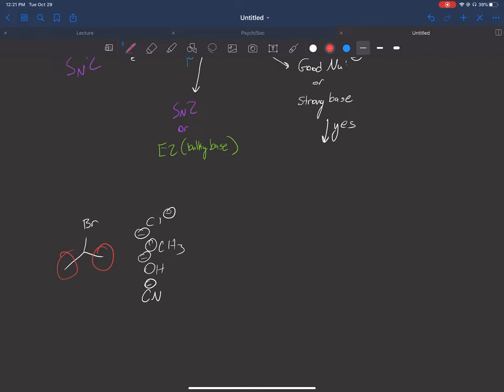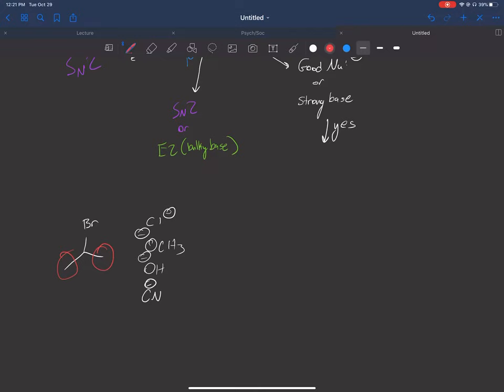So the only way you can get an SN2 on a secondary leaving group, right, is if your nucleophile is not a good base, all right?